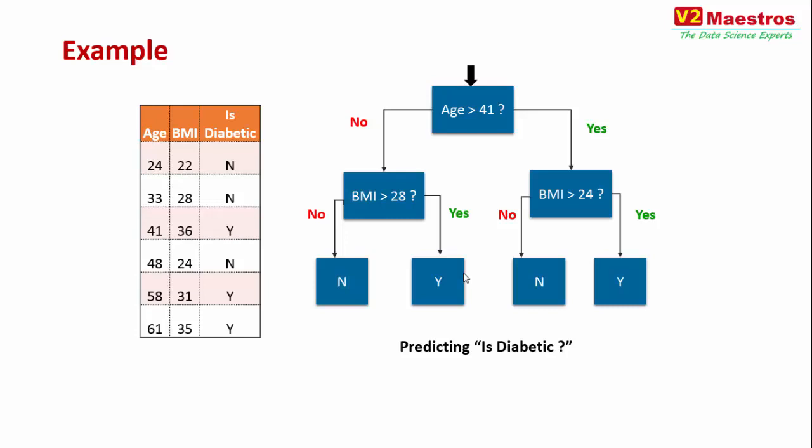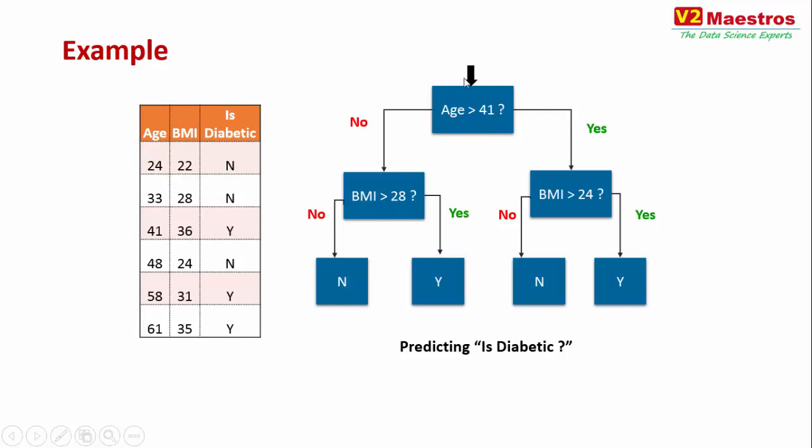The challenge in building the tree is in what sequence do you use these variables? How do you first determine, okay, I should use age here in the root node, not BMI? I could build another tree with the same data where I start with a question on BMI greater than something, and then after that make a decision on age.